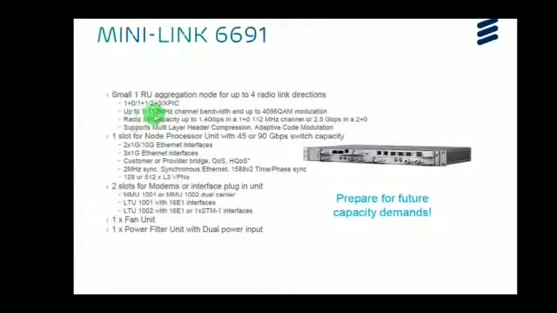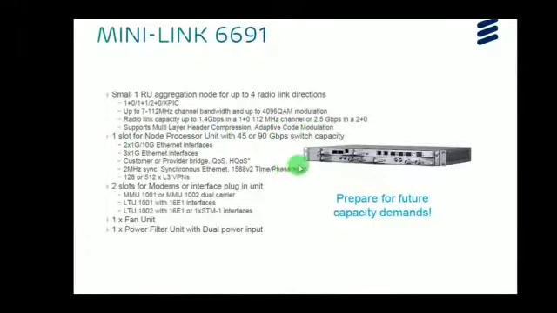It supports 7 to 112 MHz as a channel bandwidth and up to 4096 quadrature amplitude modulation. It also provides link capacity up to 1.4 Gbps in 1 plus 0 configuration with a 112 MHz channel, or 2.5 Gbps in 2 plus 0 configuration. It supports multi-layer header compression and adaptive coding and modulation as well.